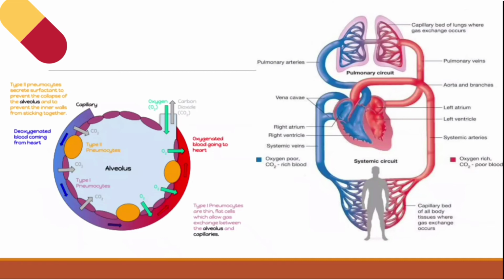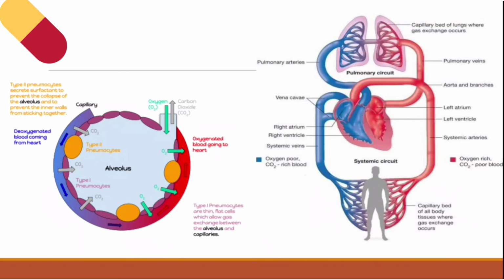The opposite is true in case of oxygen, where a high concentration of oxygen is present in the alveolar air as compared to a low concentration of oxygen in the blood. So due to this, the high concentration of carbon dioxide is exchanged with the alveolar air and released outside into the atmosphere, whereas the fresh oxygen that is coming through the alveolar air is transported to the blood.